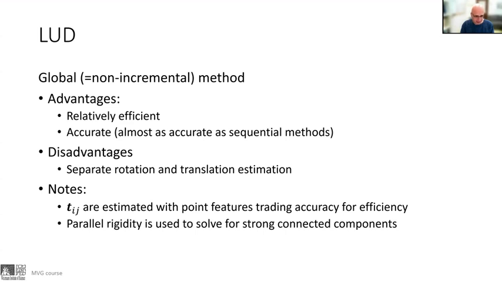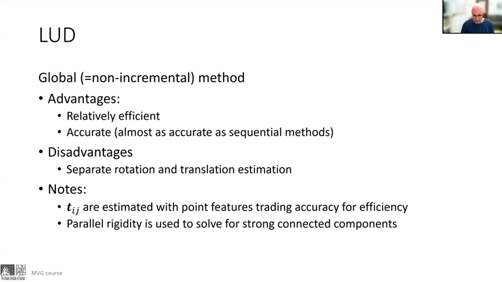And now I want to move on to the question of, given a graph, so usually a view graph contains relational measures between pairs of images, but not necessarily all pairs. And the question is, does there exist a unique solution given such a graph?